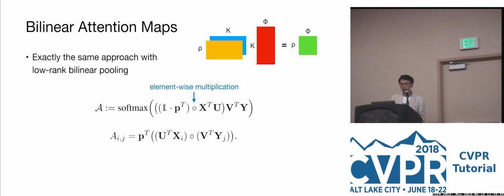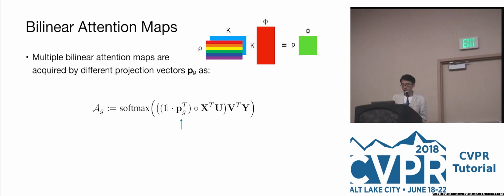We can show that the single attention logic is acquired exactly in the same way as the unitary attention mechanism of MLB, our previous work. Interesting. Multiple bilinear attention maps are acquired by different projection vectors P_g, and the other embedding matrices may be shared across the multiple attention maps.